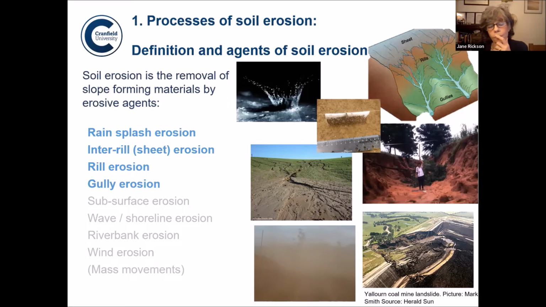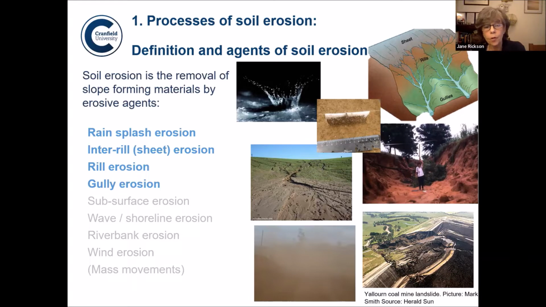Soil erosion, the definition of soil erosion, is the removal of slope-forming materials by erosive agents, be it rain splash erosion, that very first individual raindrop falling on the soil surface, imparting its kinetic energy, which then detaches and transports those particles once they're detached. So we have rain splash erosion, we have interrill or sheet erosion, that's before the overland flow starts to concentrate.